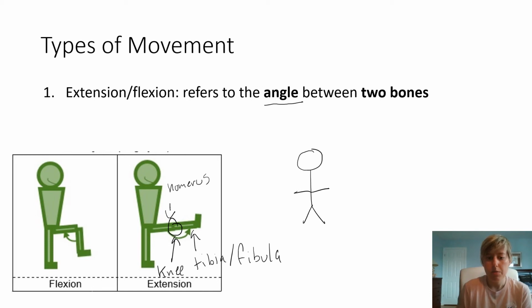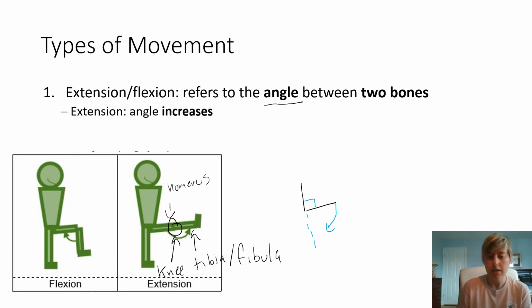So if I'm starting at a 90-degree angle, and the leg extends to a 180-degree angle, this is going to be extension. So extension, my angle increases. Now, flexion would be the opposite.